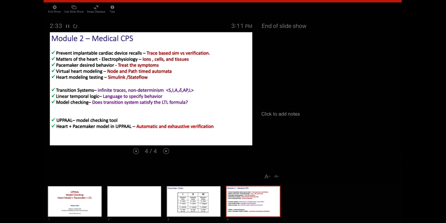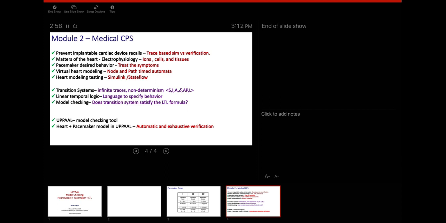We have to understand the domain, which I always emphasize for every module. You have to speak the same language as the domain experts. So not only are you in this unique Venn diagram of people who can talk to a facilities manager and build models, there's a very exclusive group who can understand the heart and a building at the same time. I hope you belong to that group.